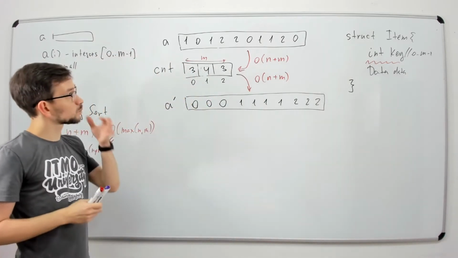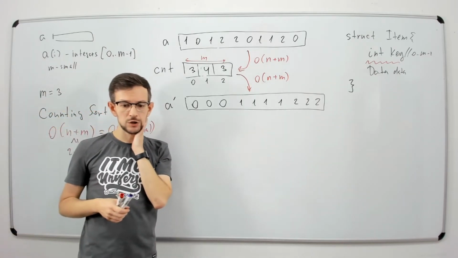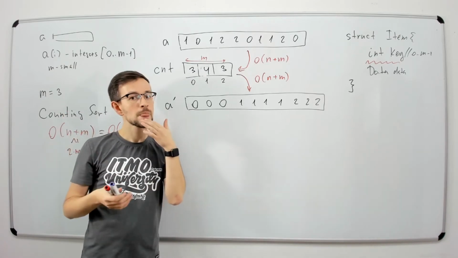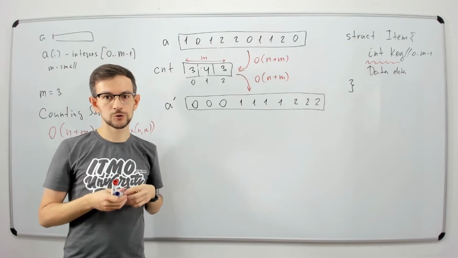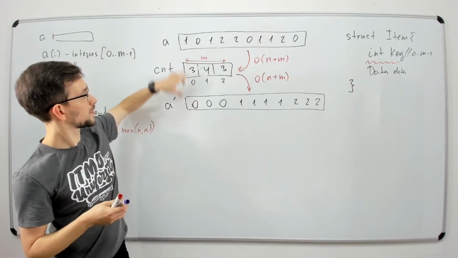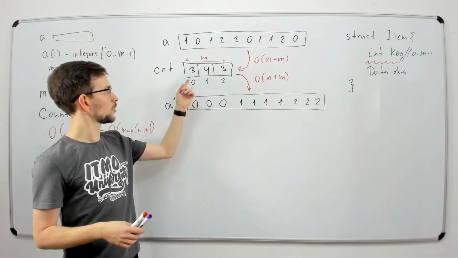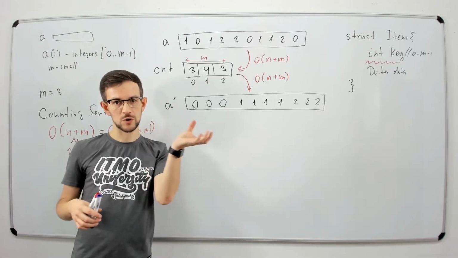And here it is not very clear. So usually when you sort, you just compare two elements and then swap them and so on. But in this sort, it's not very clear how to do it, because here we just create this array. Here we lost all information about objects. Here we know only the number of each key, of each value.